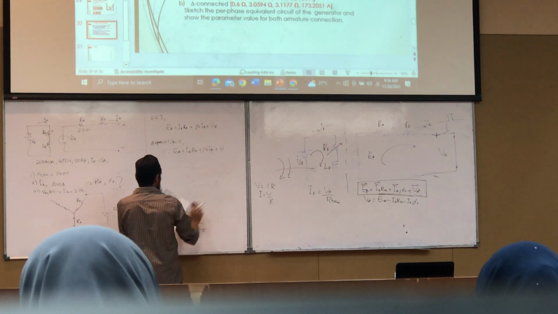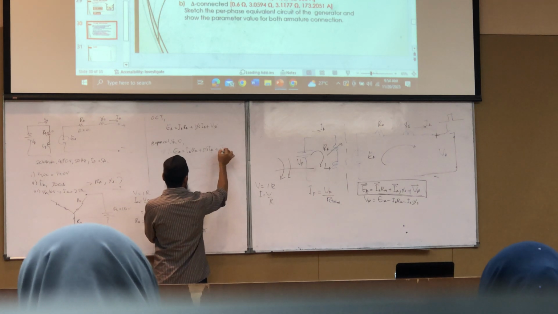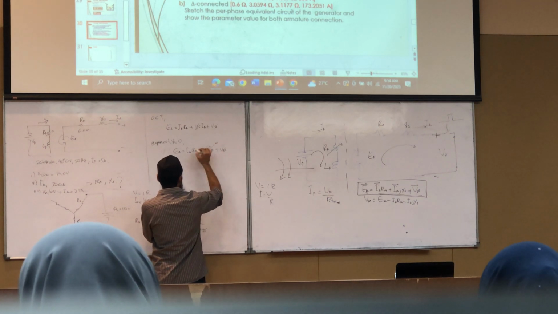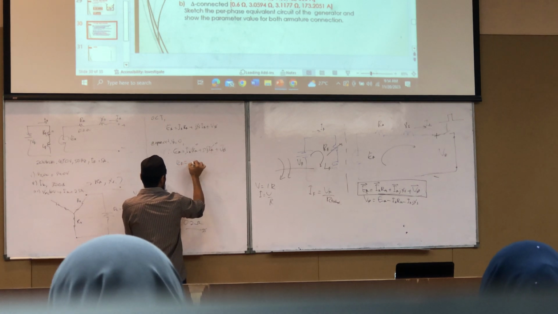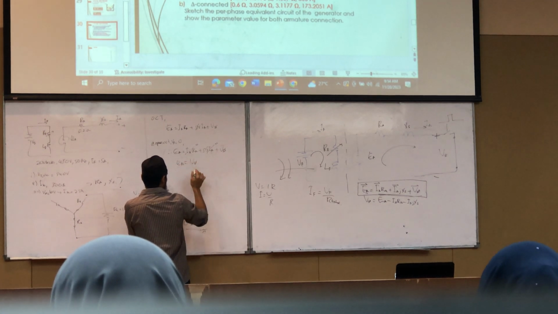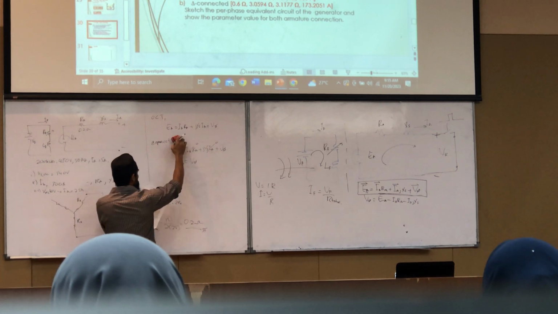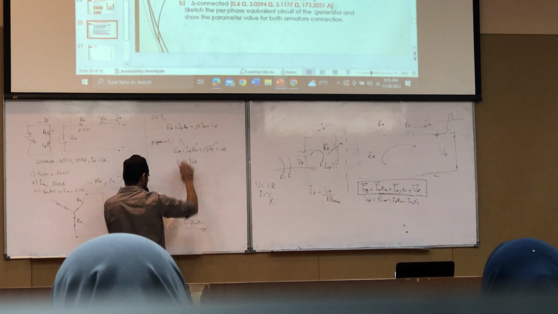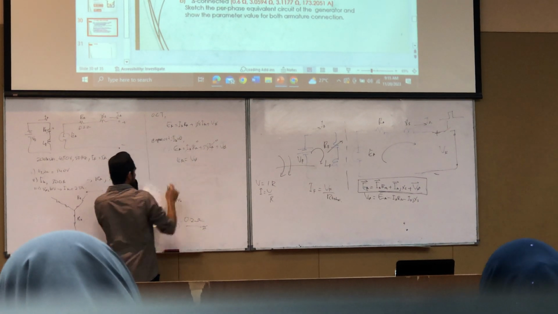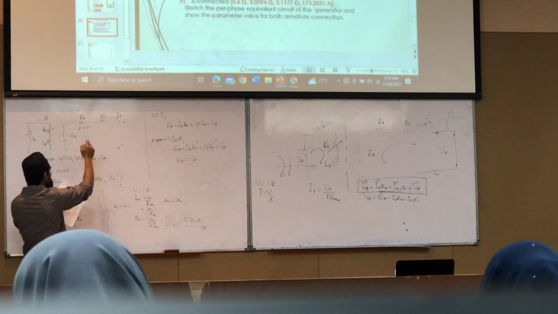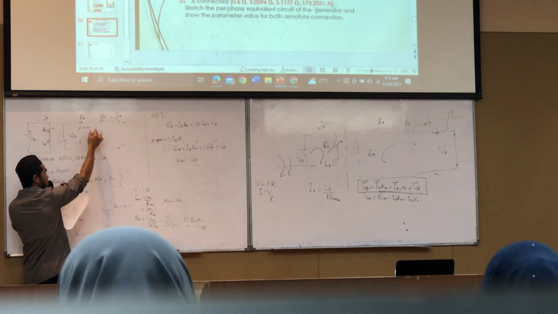Sorry, plus V phase, but this one is 0. So EA equals V phase. Open circuit, IA is 0, because when we have open circuit, there is no current flow to your load.